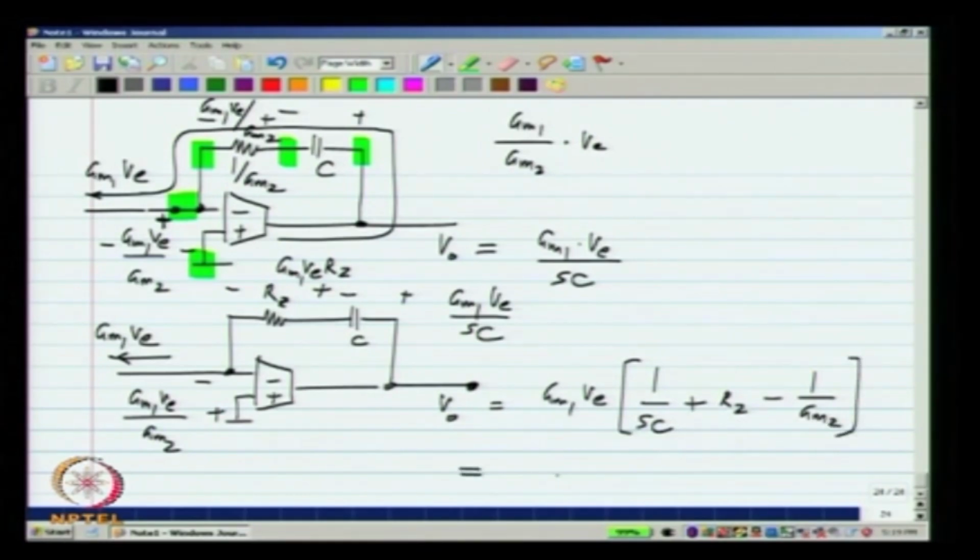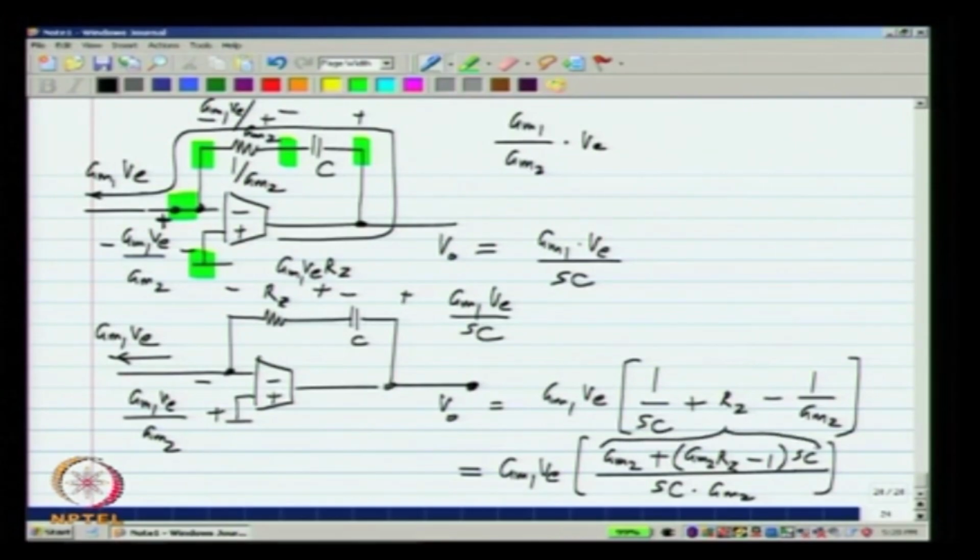Okay. So, we will get Gm1 VE, and I will write this as Gm2 RZ minus 1 times SC.